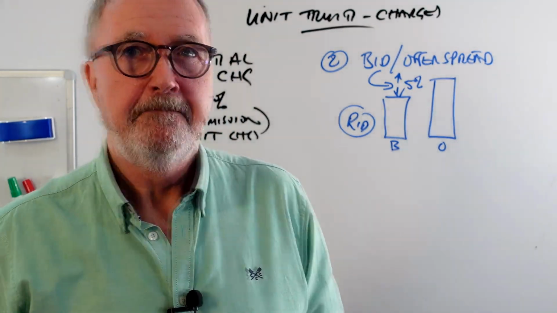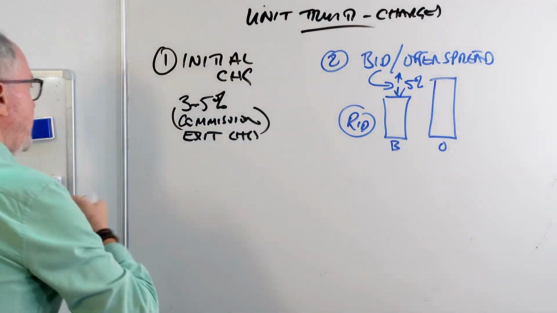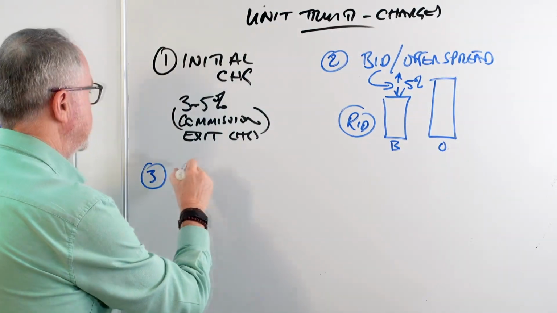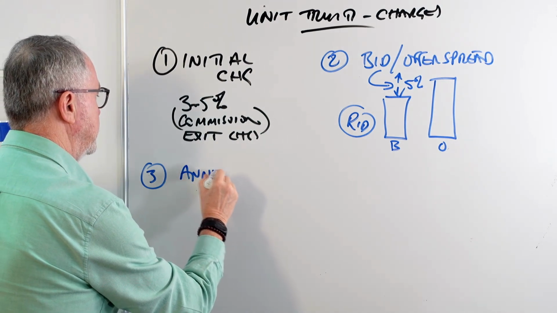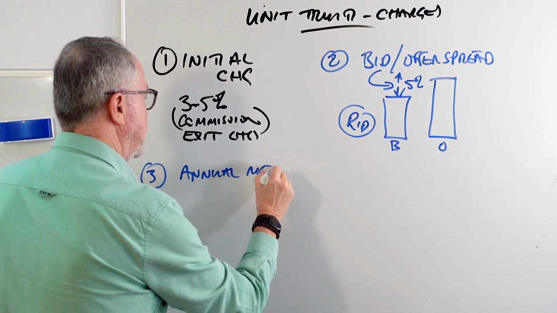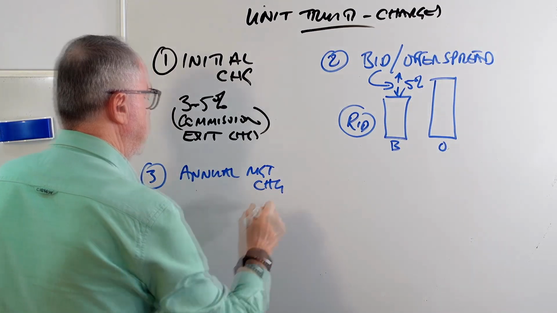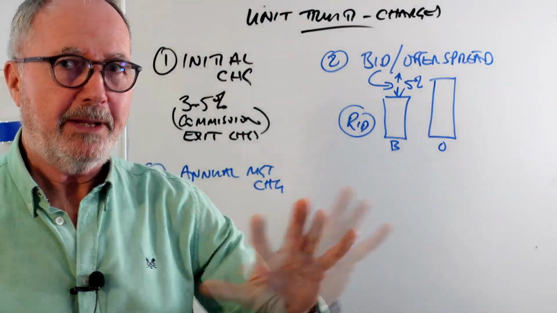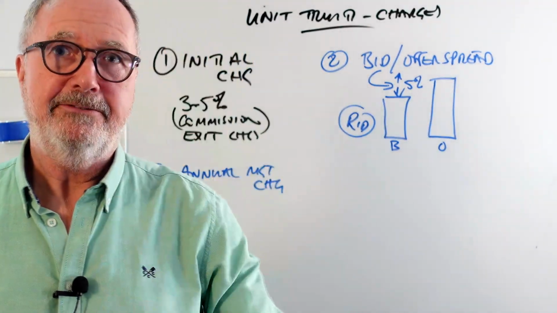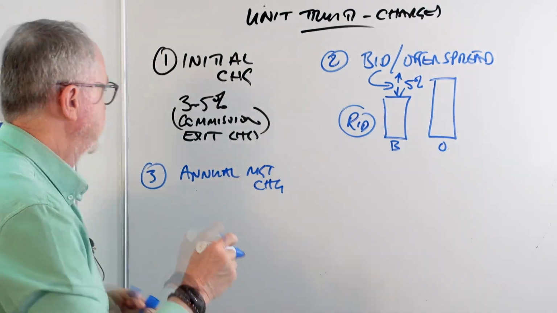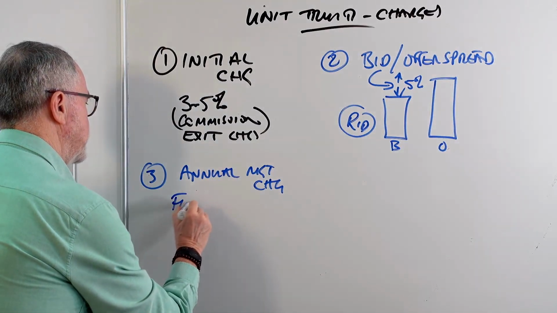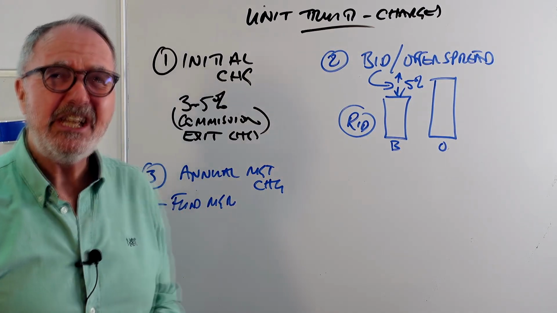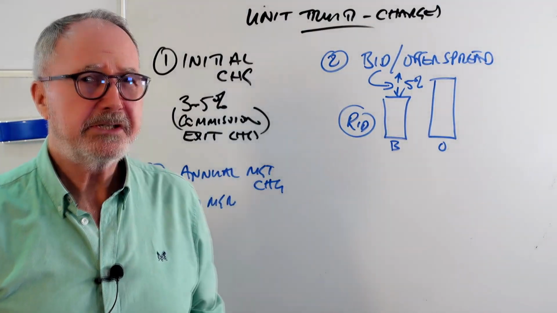Now the third one is the AMC, the annual management charge. Again, nothing to do with commissions or ongoing advice fee. We're not talking about advice here, we're just talking about running the fund. And this is the cost, of course, for the fund managers. The fund managers need paying for. And it varies enormously according to the type of investment.